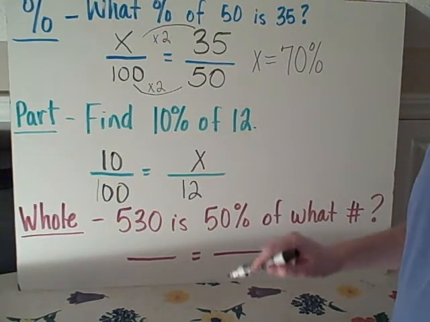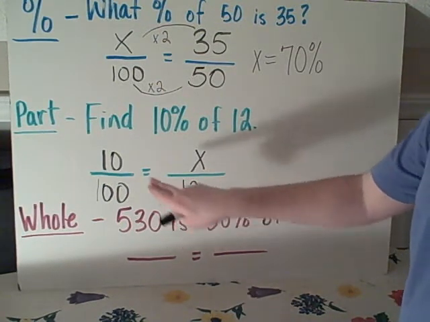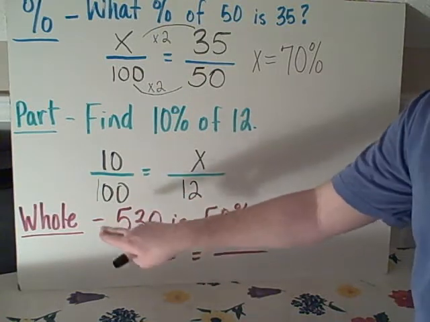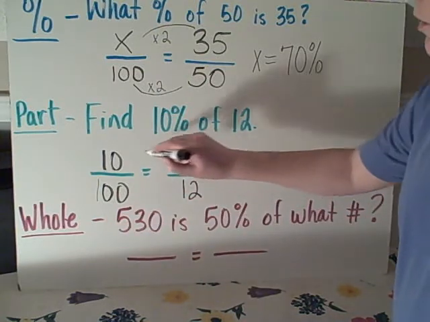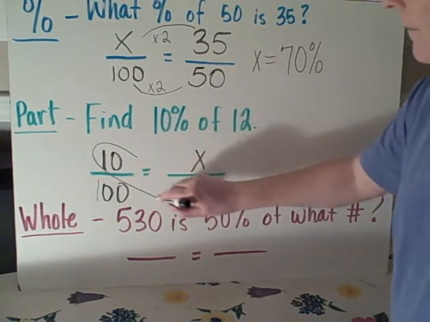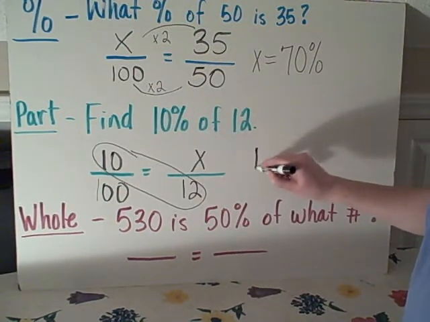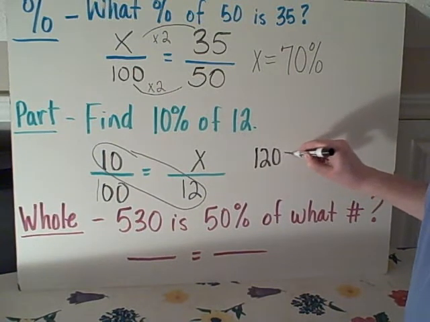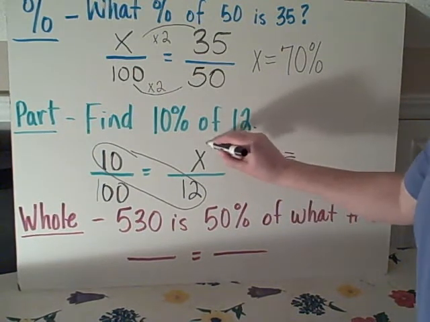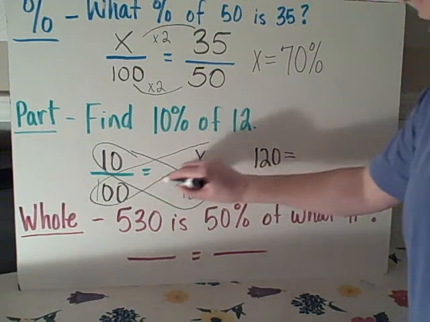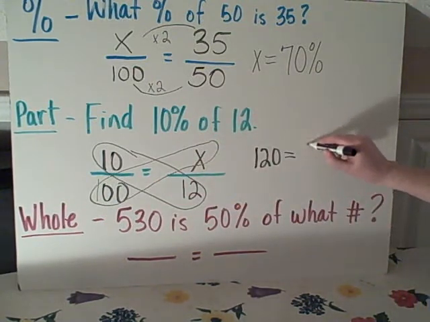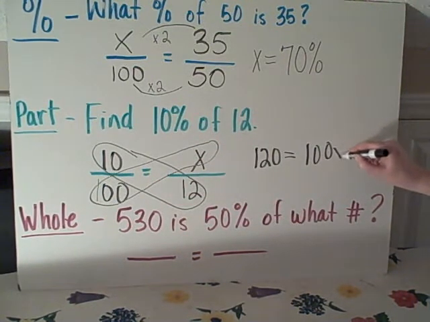I can't really figure out 12 times something to give me 100, but what I can do is multiply the two numbers that are diagonal, which gives me 120, and that is set equal to the product of this diagonal, which is 100x.